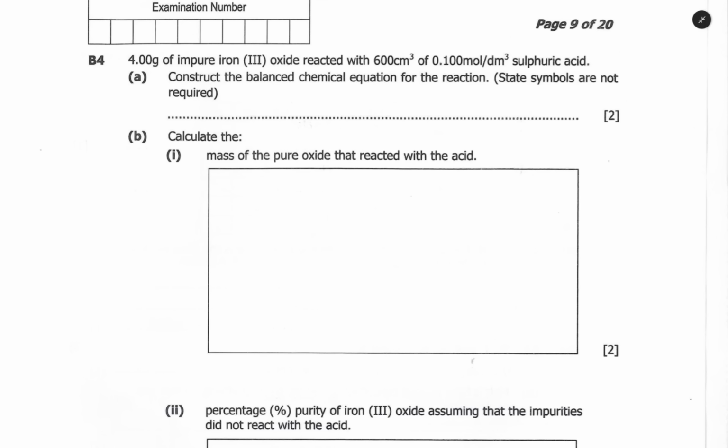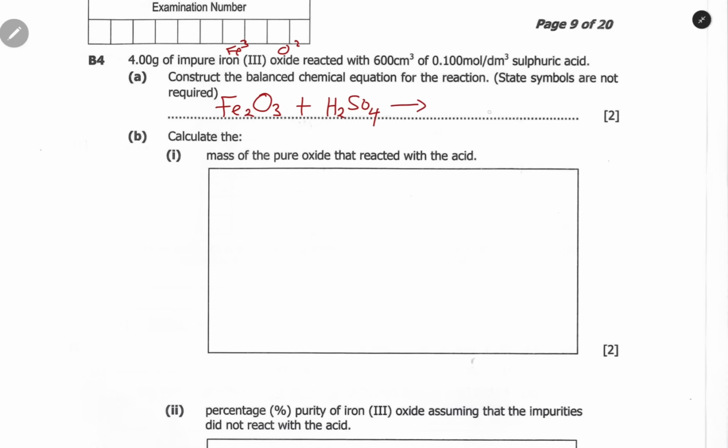So here, what is reacting? Iron 3 oxide. How do you write iron 3 oxide? You know that iron is Fe and oxide is O. Iron has a valence of 3, oxygen has a valence of 2. So iron 3 oxide is written as Fe2O3. Reacting with what? Sulfuric acid, which is H2SO4.